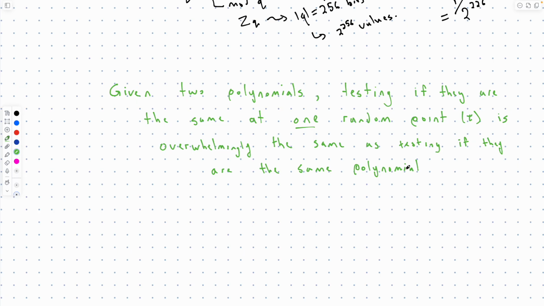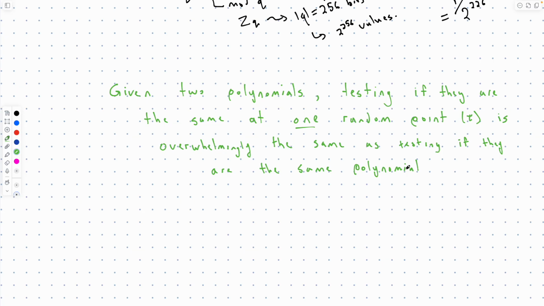Okay. So later, when we get to zero knowledge, what's going to happen is we're going to build some polynomials of things that we want to prove. And in order to do that proof, I'm going to send you some polynomials, and I'm going to tell you that, if I'm not lying to you, then this multiplied by this polynomial plus this polynomial should equal this other polynomial or something like that.